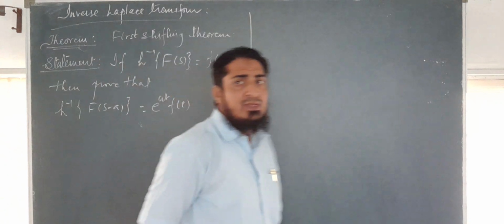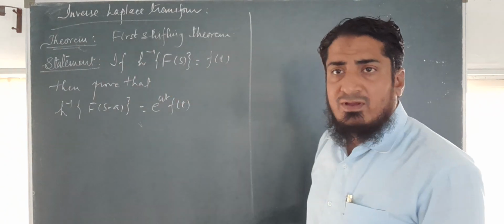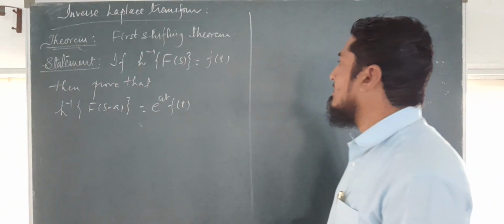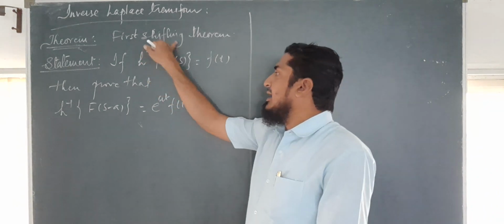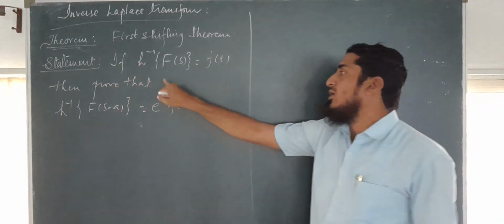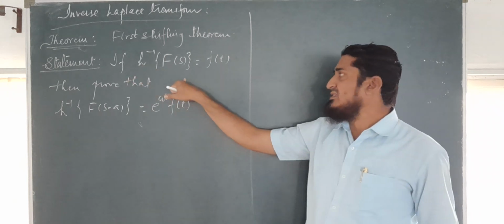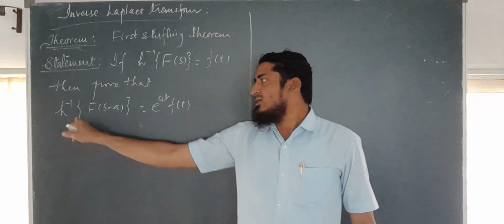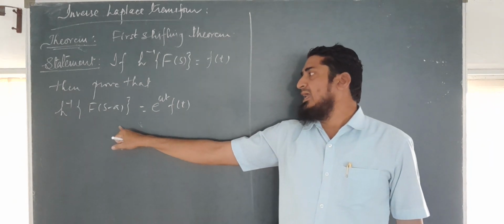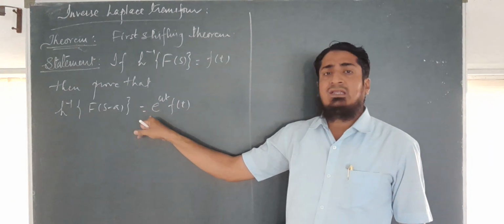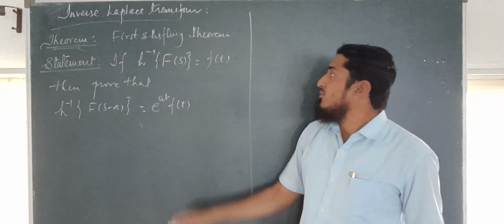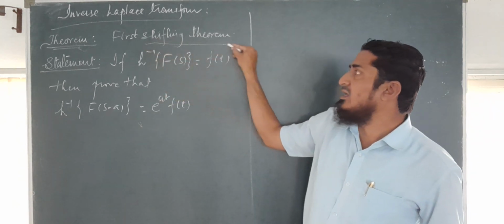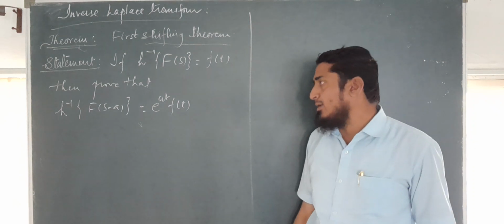We have the statement of the first shifting theorem: if the inverse Laplace of f of s is equal to f of t, then the inverse Laplace transform of f of s minus a is equal to e raised to at f of t. This is the first shifting theorem.